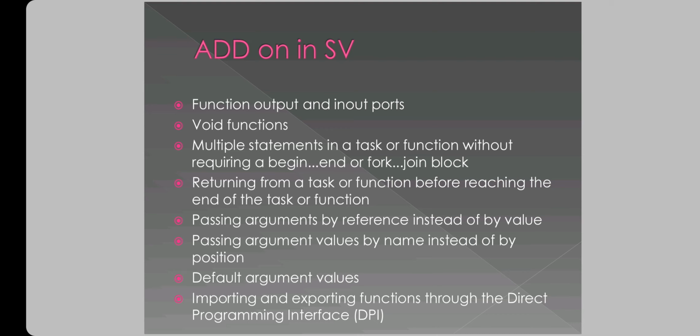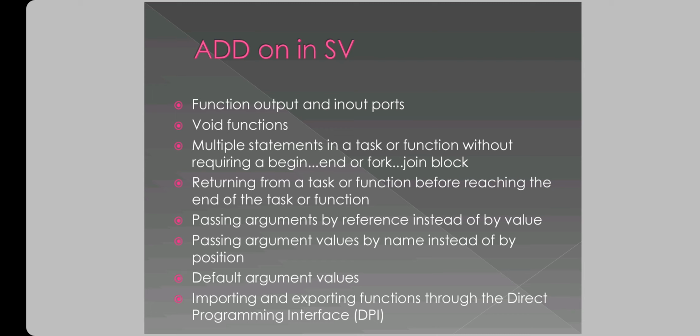Other additions are returning from a task or a function before reaching the end of it, passing arguments by reference instead of by value, passing argument values by name instead of by position, default argument values, and importing and exporting functions through the direct programming interface.